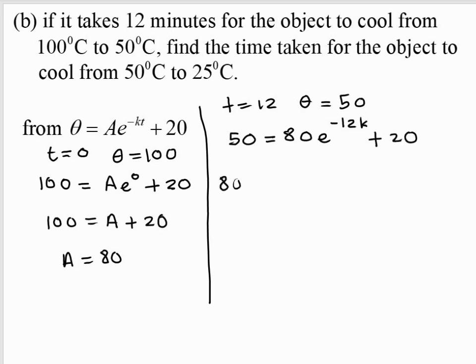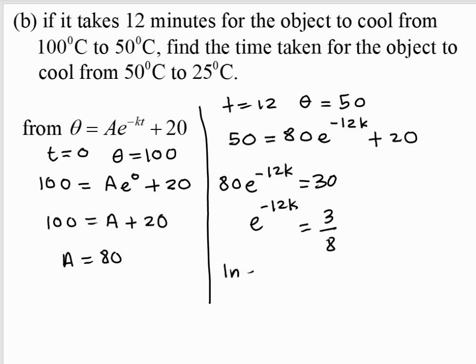So we have 80 e to the power of negative 12k equals 30. Let's solve to find the value of k. So e to the power of negative 12k equals 3 over 8.